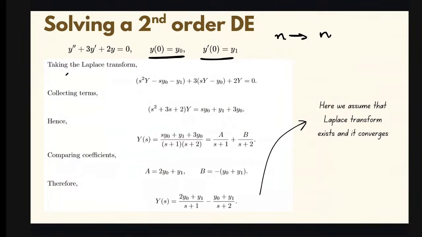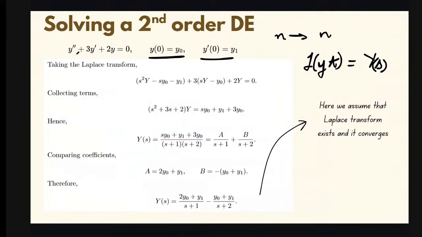All right. So let us do some interesting thing. Let's take the Laplace transform on both sides and assume that the Laplace transform of y of t is equal to y of s. Okay. Now, after doing this, we took the Laplace transform on both sides.